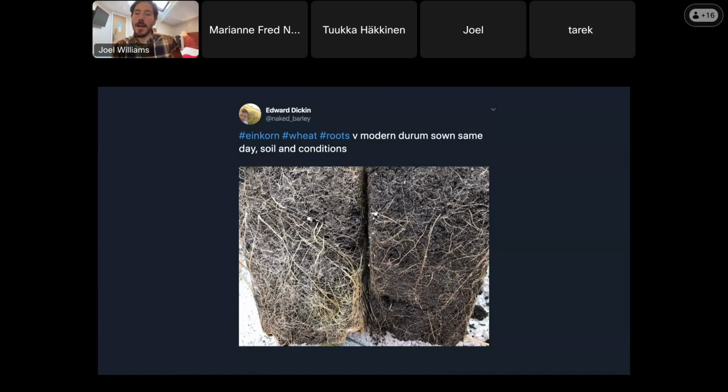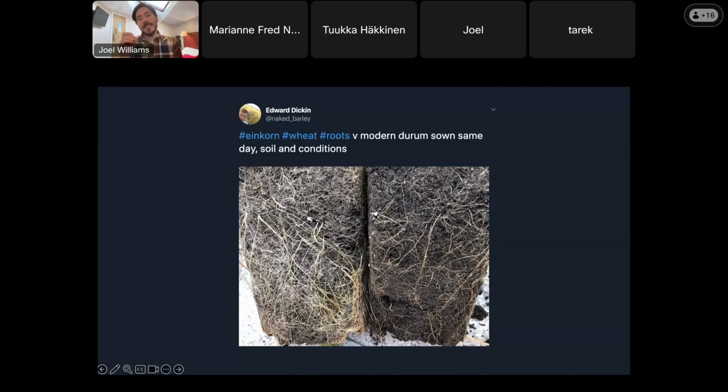We have bred plants to be high yielding, yes, and that's good. We all need to eat, of course, but those high yielding traits that we've bred for have come at a cost. It's been a trade-off, and that trade-off was below ground carbon, root carbon.